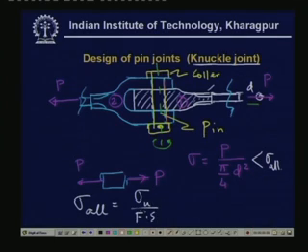If the factor of safety is more, then of course sigma allowable is less, and for a given P, we will have to increase the value of D. So if you take a large factor of safety, the dimension becomes larger. With increasing dimensions, other factors come into play: the weight of the joint may be high, or the material cost incurred may be more.